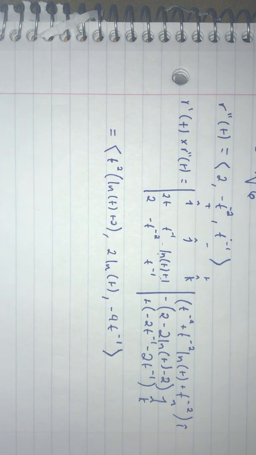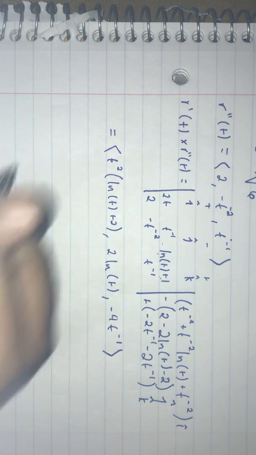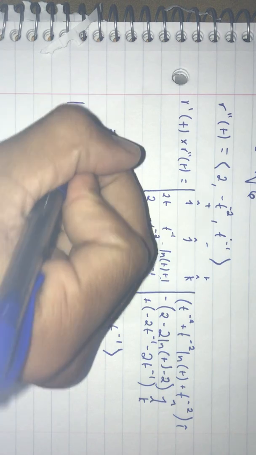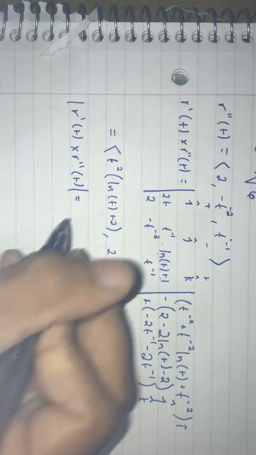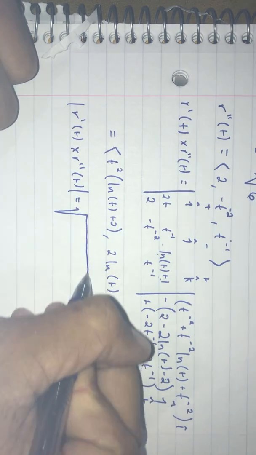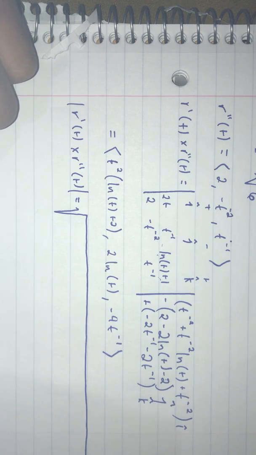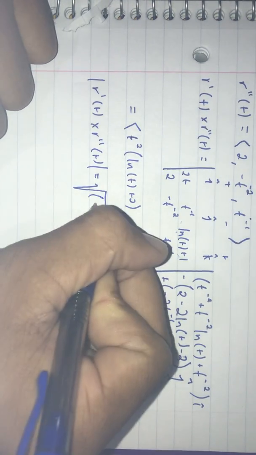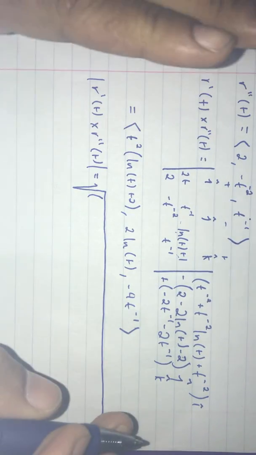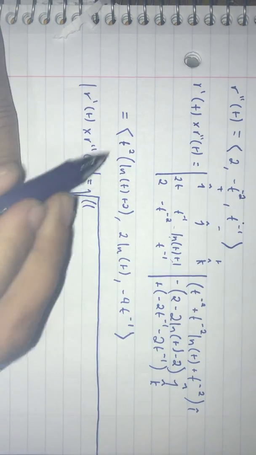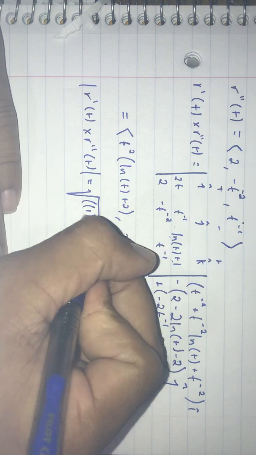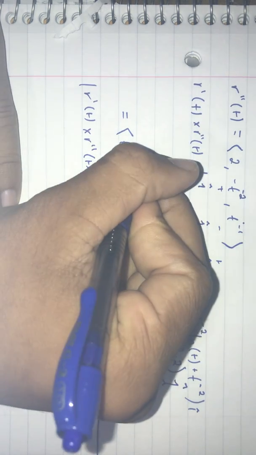All right, now that we have our r prime of t cross r double prime of t, we've got to get the magnitude of it. So it equals the square root of, it's going to be a big one. We're just going to plug in our values for t at this point, because we're going to have to do it anyway. Our value for t is 1, so t squared is going to be 1. I believe that's actually supposed to be to the negative 2.